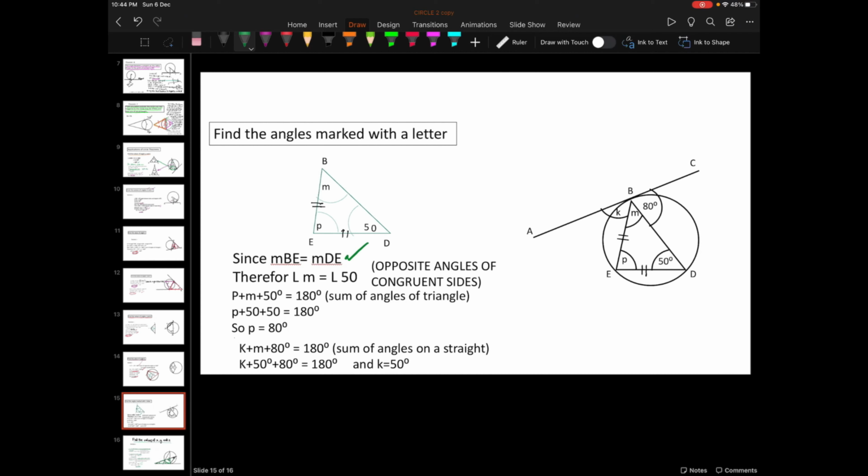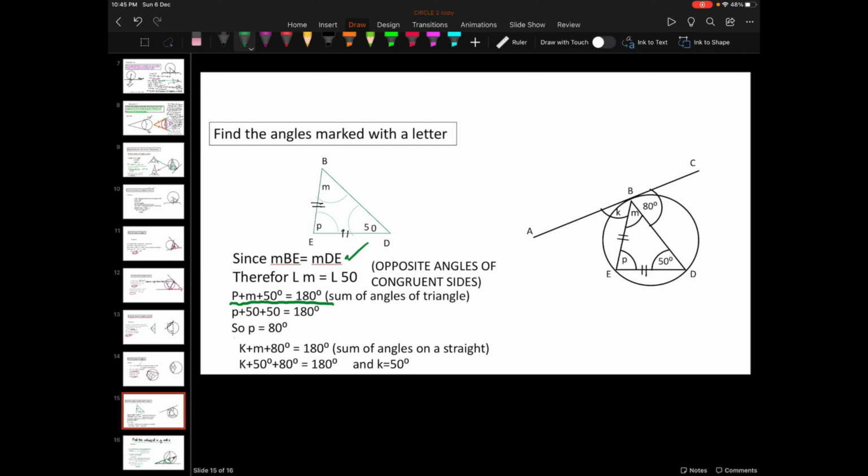Now we consider the triangle BED. The sum of angles of a triangle is equal to 180 degree. Then P plus M plus 50 degree is equal to 180 degree.